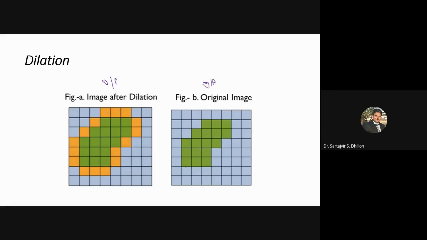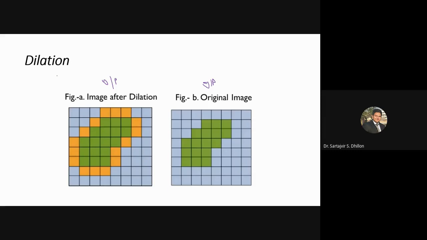And after that you can recognize the difference between dilation and erosion. Erosion decreases the size of the object, and dilation increases the size of the object. That is the only difference between dilation and erosion, which are the two important functions within the morphological operations or in image processing.